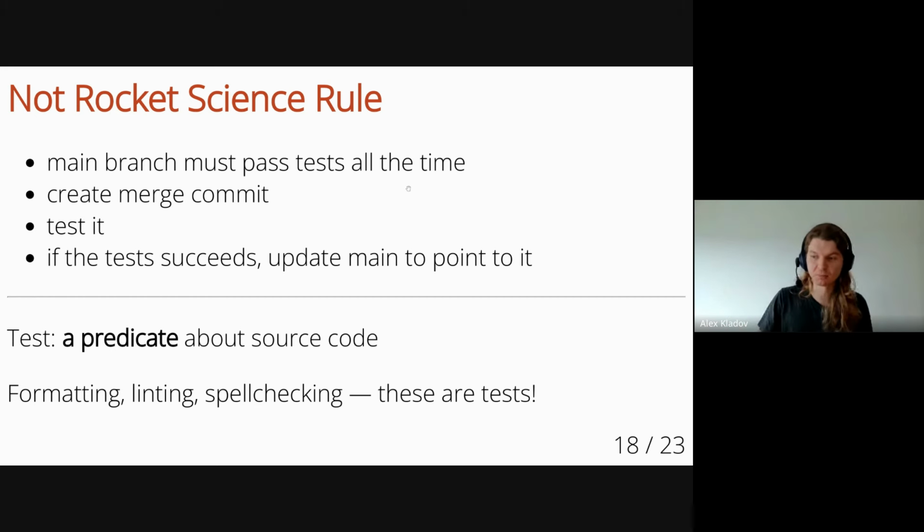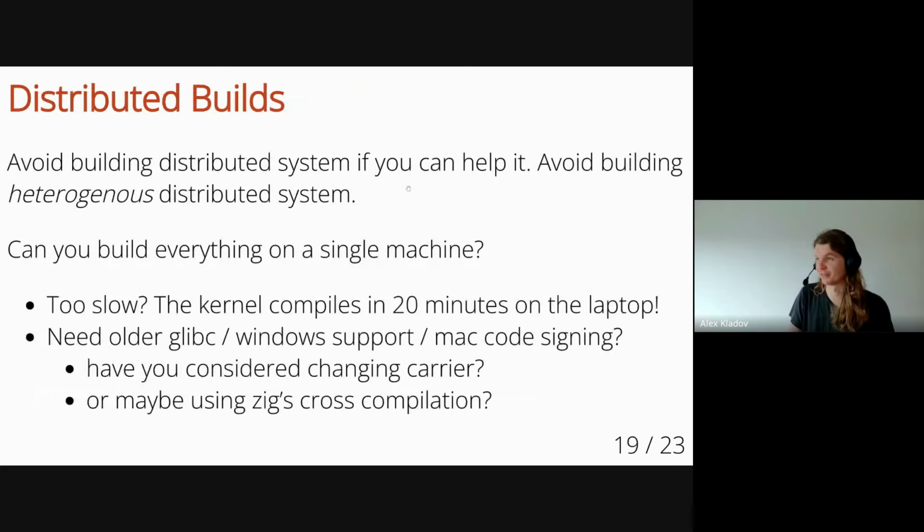And then inside your build system, you actually do these three separate things, maybe in different threads: formatting, linting, and spell checking. Okay, so the non-rocket science rule is something you should just have. There's no argument about that. If a project doesn't have the non-rocket science rule, that's an easy way to make development of this project easier. Okay, next, distributed builds.